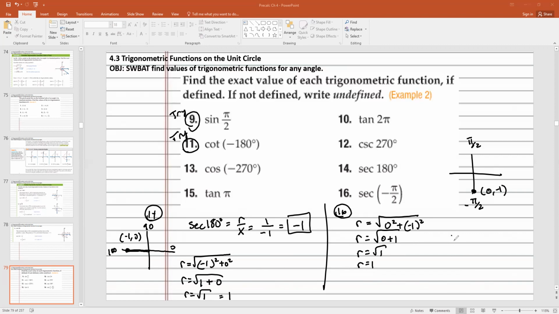So we get secant of negative pi over 2 equals, and then secant is r over x again. So we have 1 over x is 0, so that is undefined, because we can't have a 0 in the denominator. Undefined.